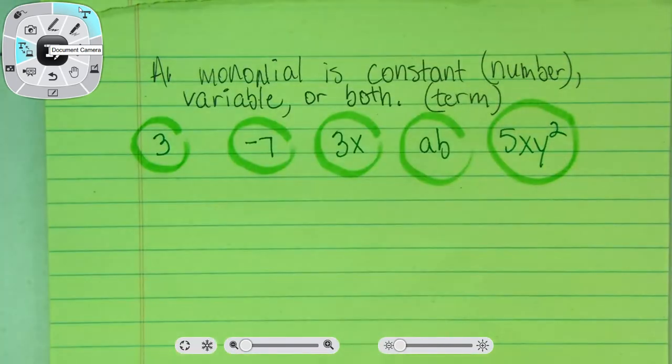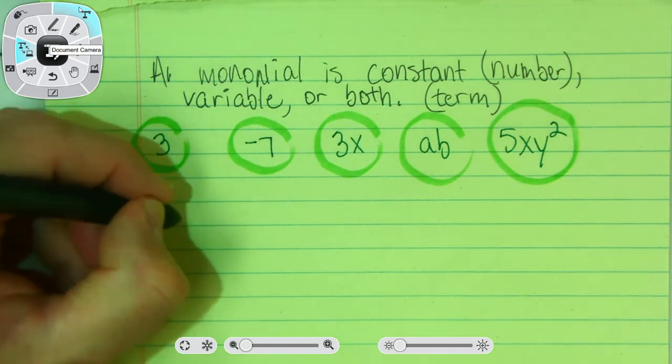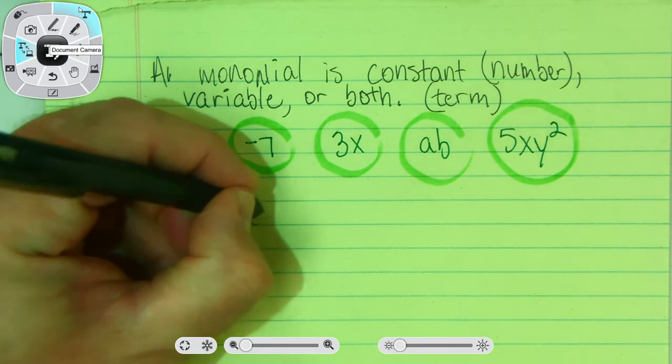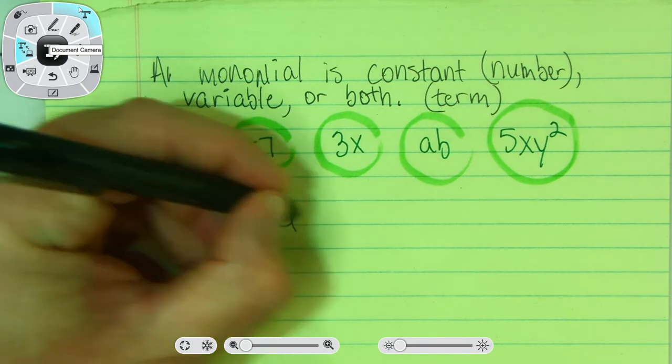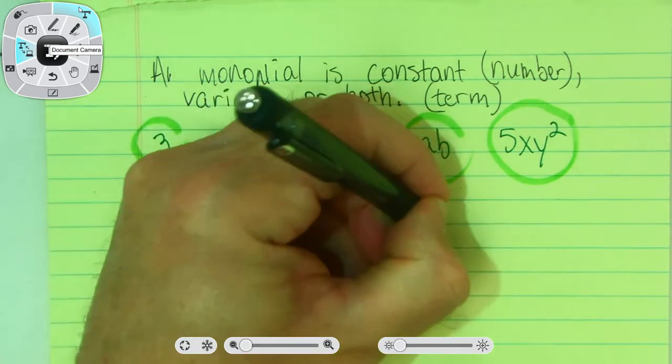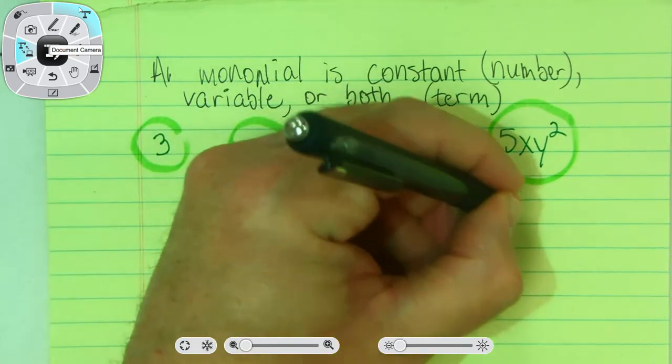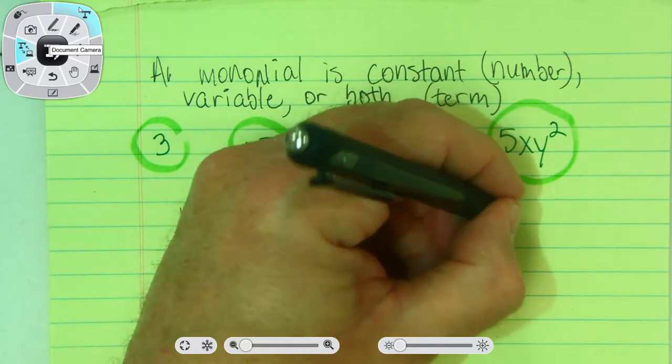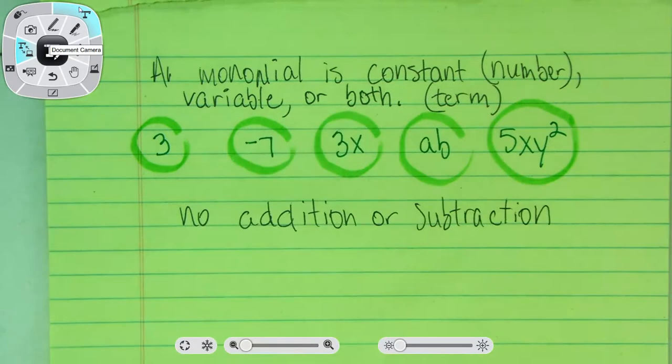Mono meaning one. Polynomial means multiple terms or multiple monomials. But what we notice is that it does not have any addition or subtraction. Let me show you.